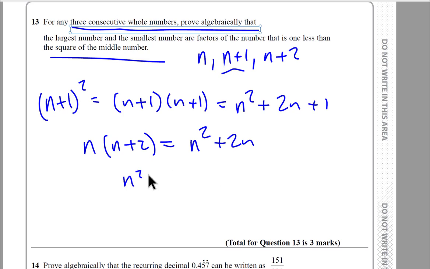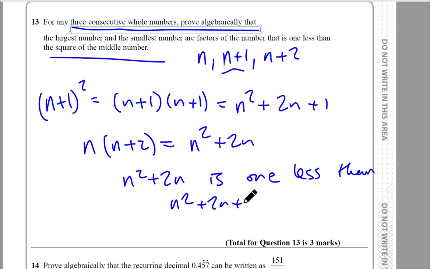So n squared plus 2n is 1 less than n squared plus 2n plus 1, and those are both factors.